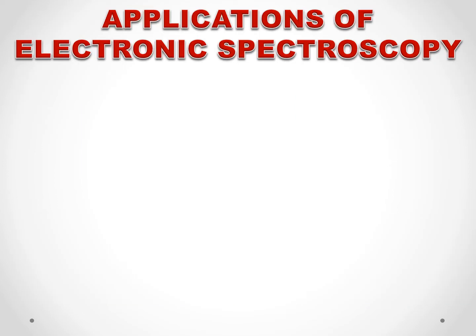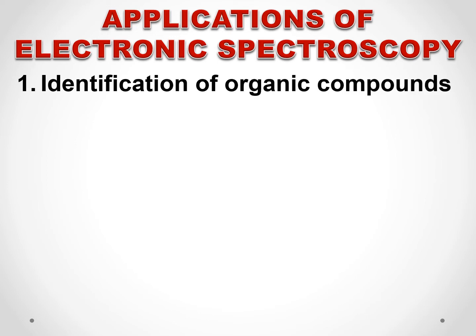Now let us look at the applications of electronic spectroscopy. Electronic spectroscopy is applied for identification of organic compounds. This is the first application. Each organic compound absorbs a unique radiation, and from that we can find out what the compound is.